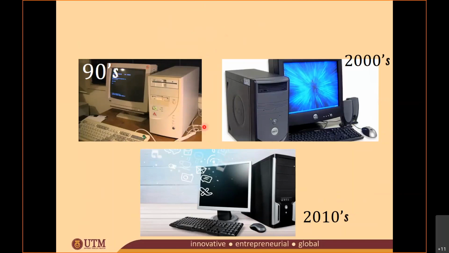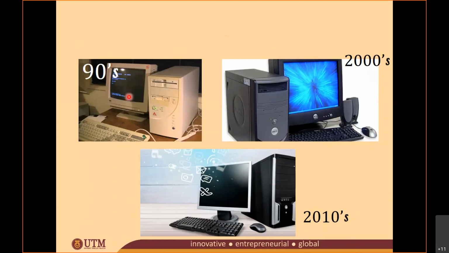What are the differences that you can find from these computers? In terms of architecture, masih lagi pakai Harvard architecture. But in terms of organization, the organization is different from the 90s, 2000 and 2010.